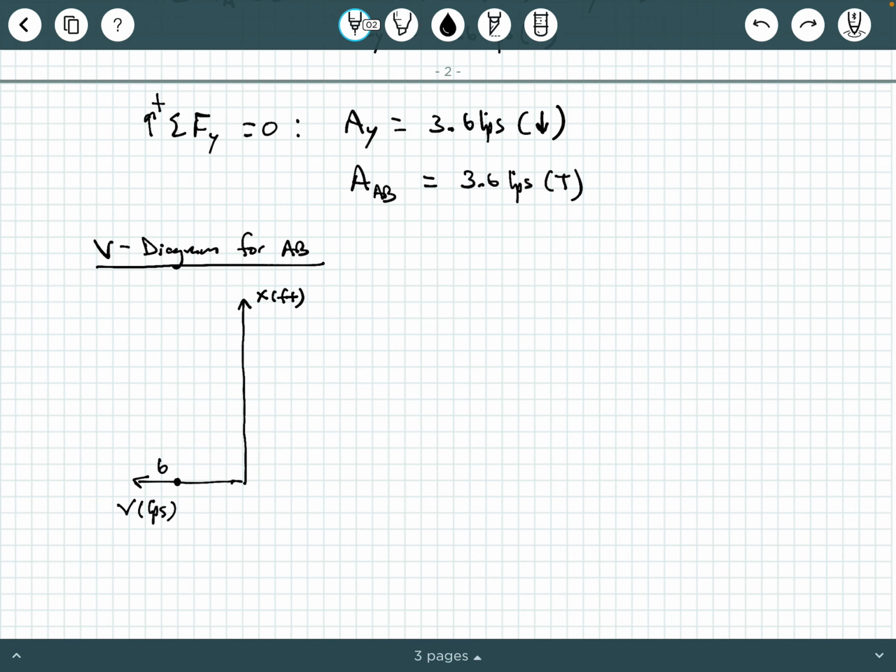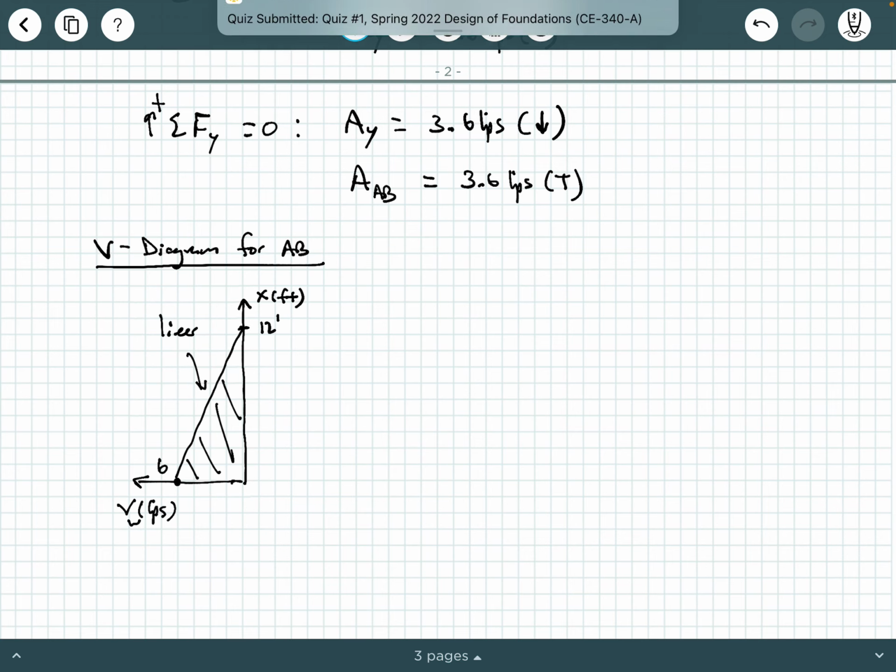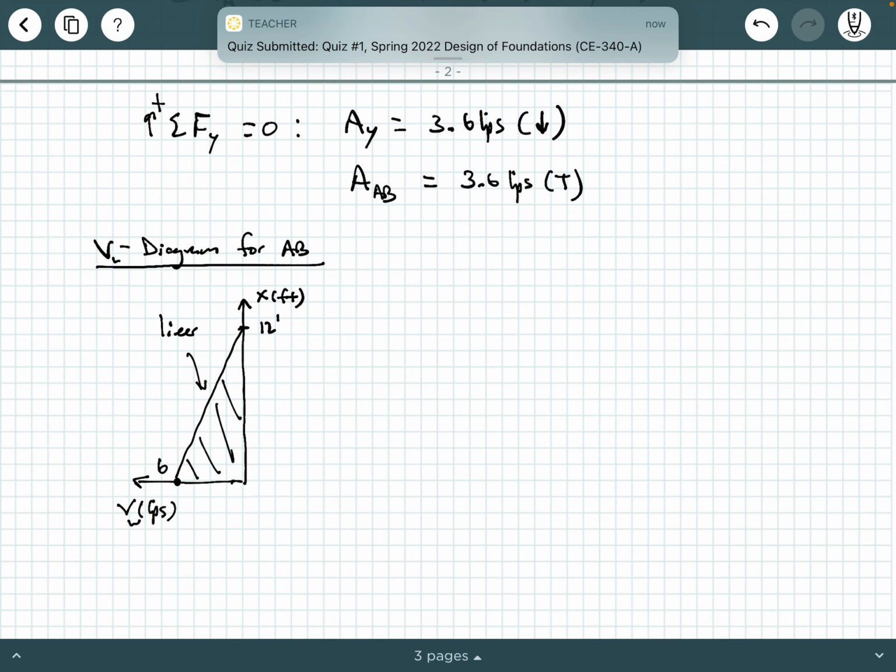Let me draw it a little bit better. Looks like this, and this is, you know, at the 12 feet mark. And of course, this is going to be a linear shear diagram, okay? And then this is wind, so I can put a little W subscript there, V sub W for shear due to wind, okay?